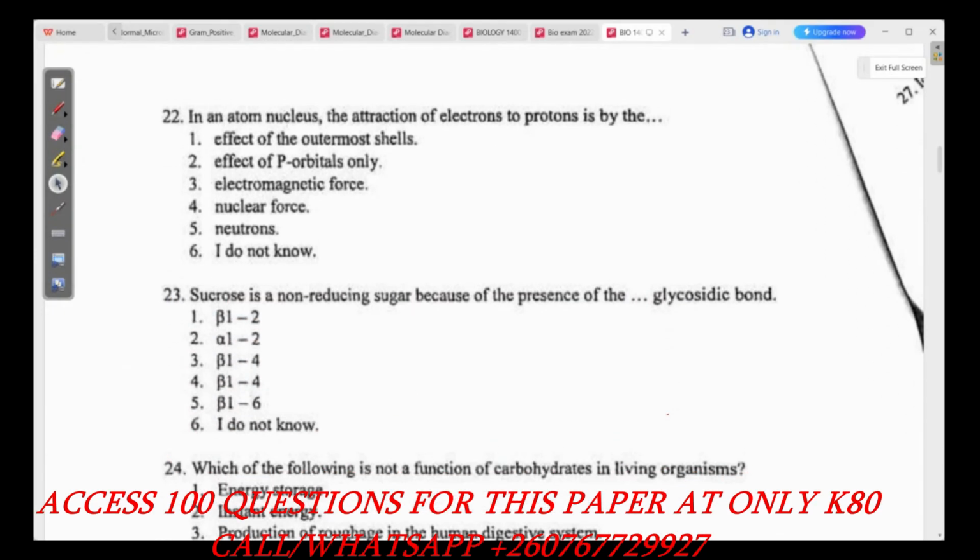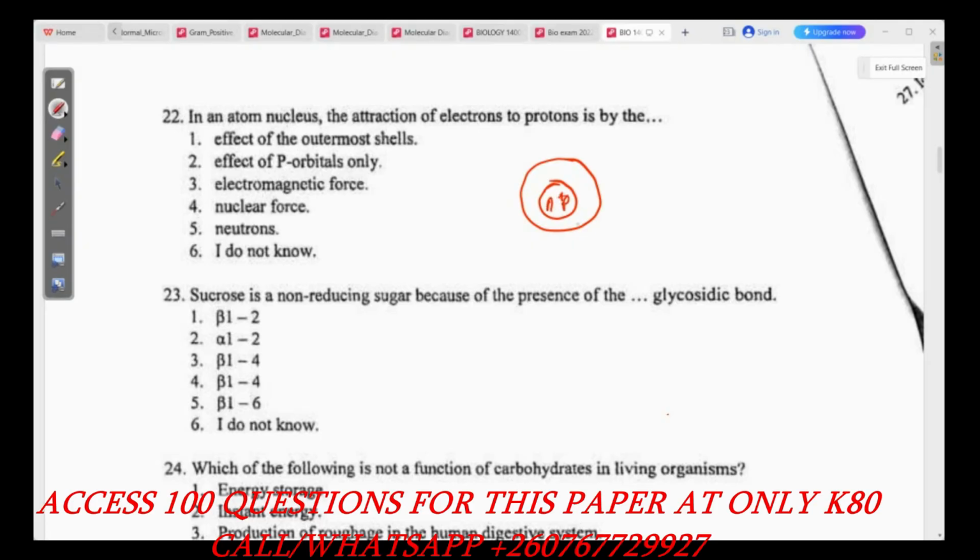We jump to 22. 22 reads, in an atom nucleus, the attraction of electrons to protons is by. So this is an atom, then you have a nucleus. You know that in the nucleus you have neutrons and protons.